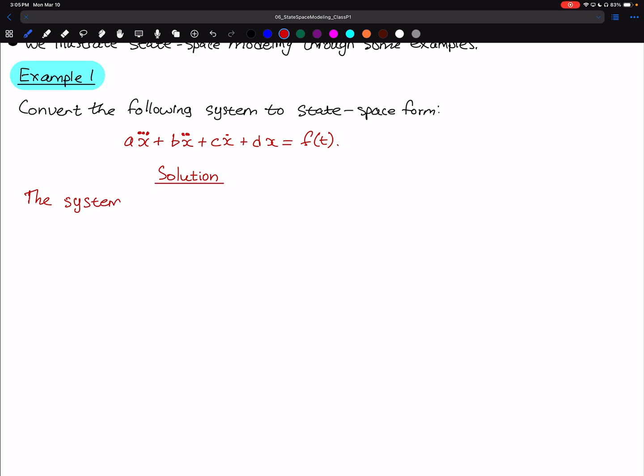Say that the system is third order. So we need 3 state variables and 3 state equations.